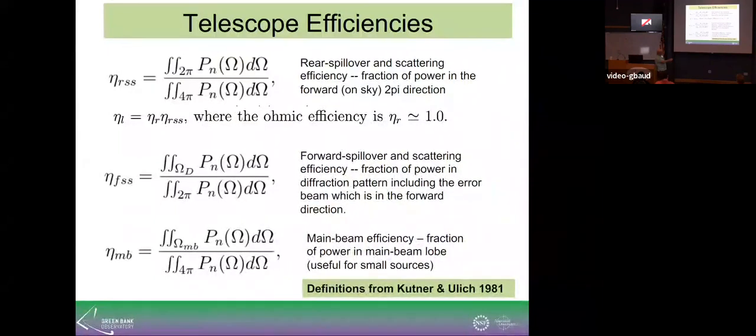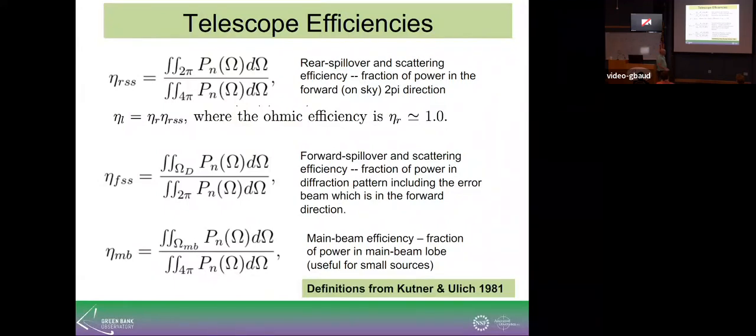So the forward spillover and scattering efficiency is the fraction of power in the diffraction pattern of the beam. It actually includes the error beam as well, compared to the total power in the forward direction. So you have a beam, you have an error pattern, and it's the amount of power in there compared to 2 pi steradians.